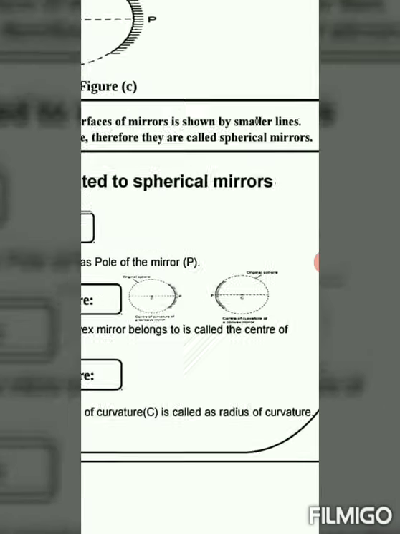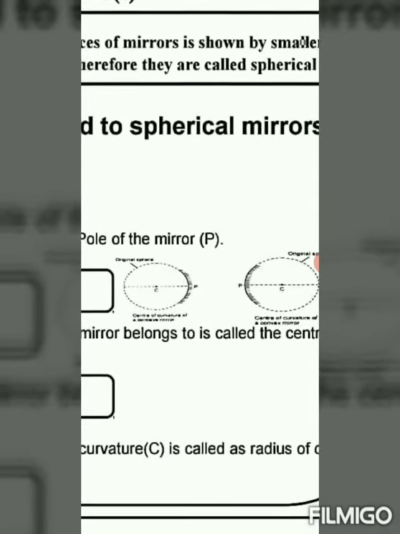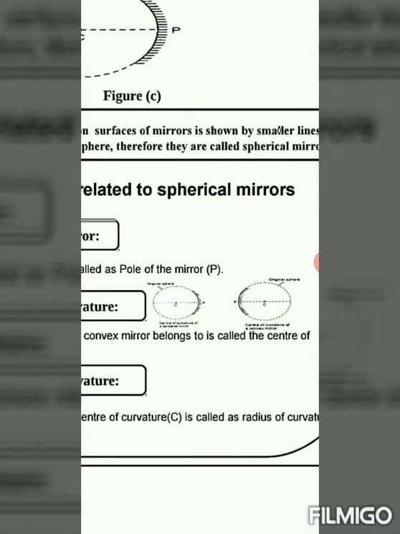Here we have a convex mirror and a concave mirror, and by using each we construct one circle. The midpoint here is the center of curvature, and here also the center of curvature. In our textbook we have another definition, which we will see later.